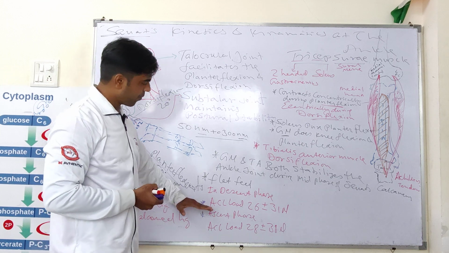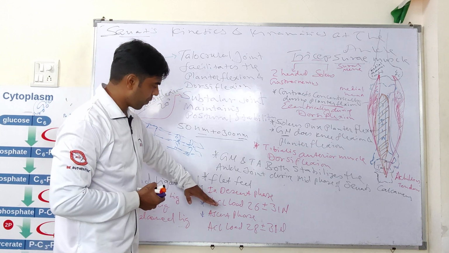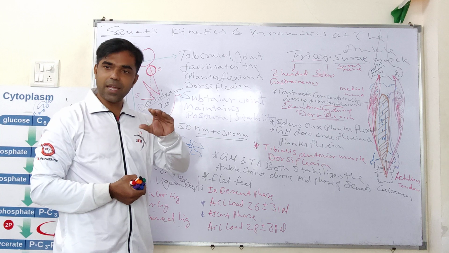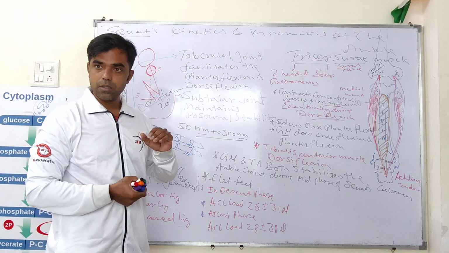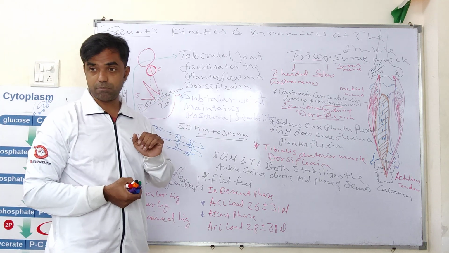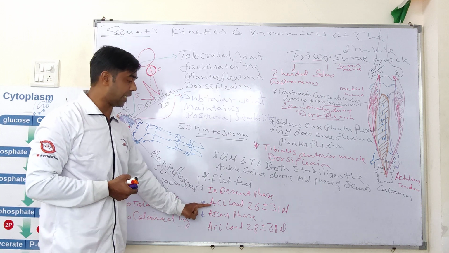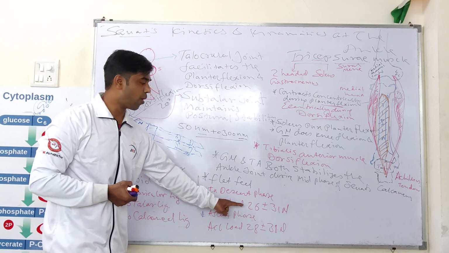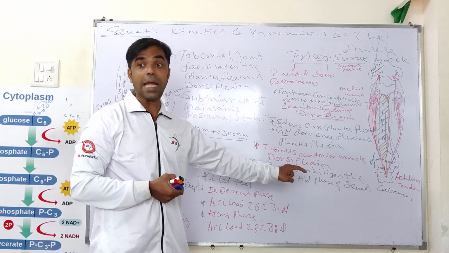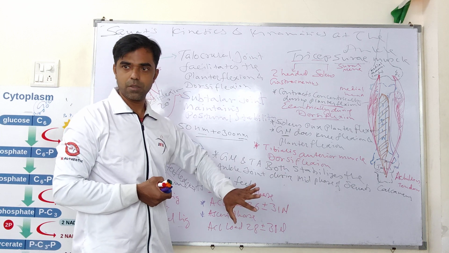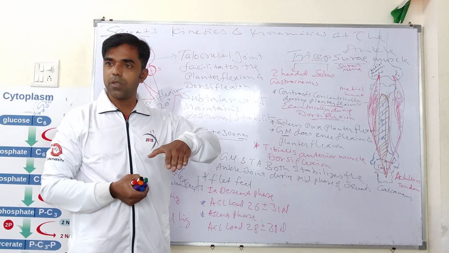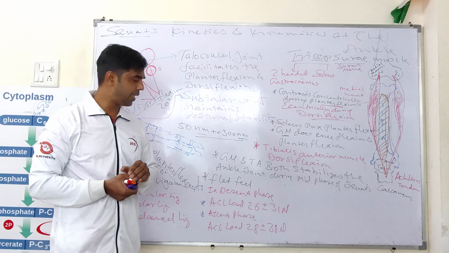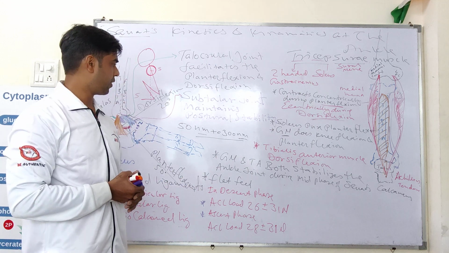If you add some shoes like having high heel, then that's going to be a problem, because ACL load will increase from 50 to 90 Newton meters. So you should avoid keeping your heel high, right? It should be flat feet.